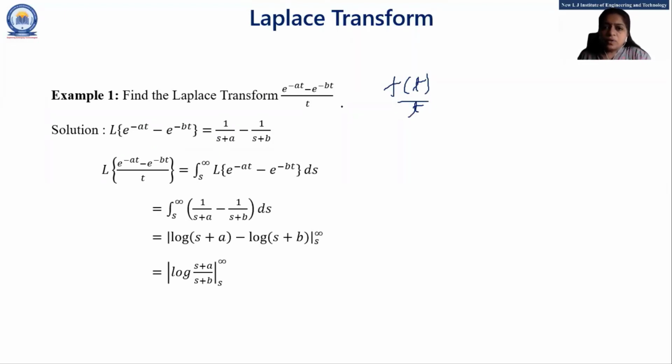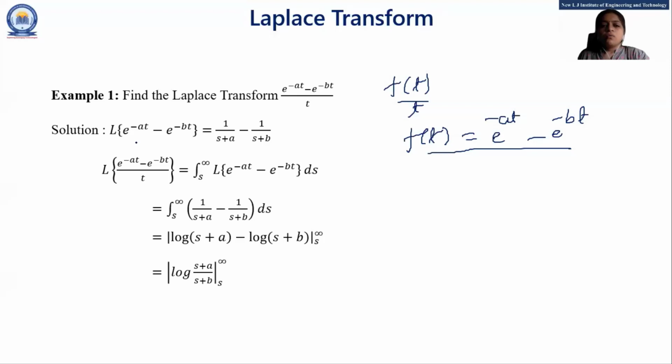So here our function of t is our numerator, that is, e raised to minus at minus e raised to minus bt. First we find the Laplace of our function of t. In the solution, Laplace of e raised to minus at minus e raised to minus bt is equal to Laplace of e raised to minus at, which is 1 upon s plus a, minus Laplace of e raised to minus bt, which is 1 upon s plus b.